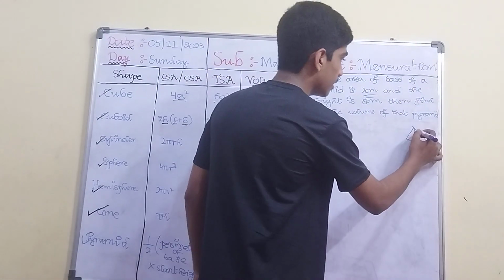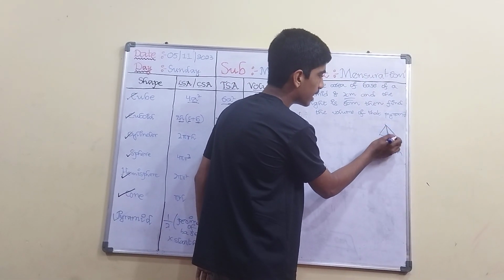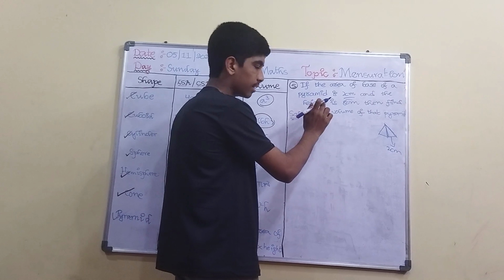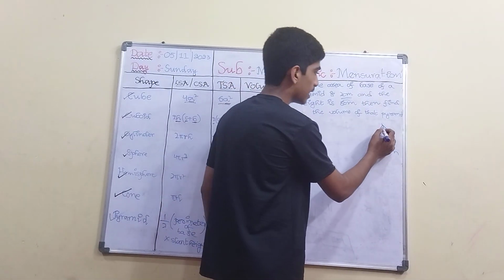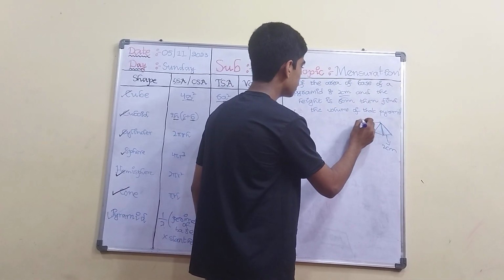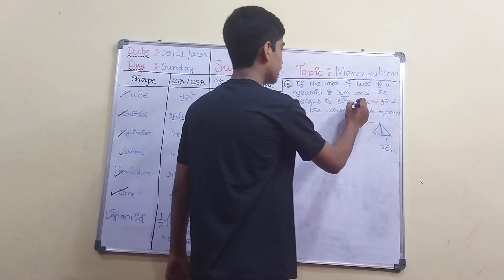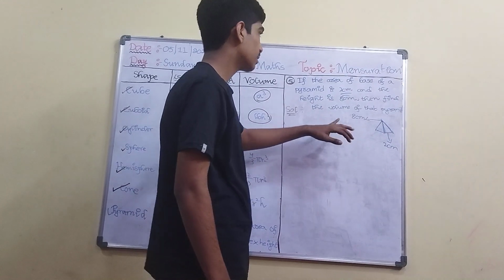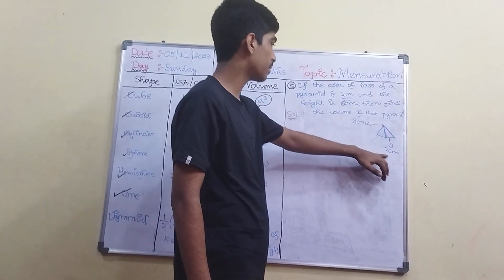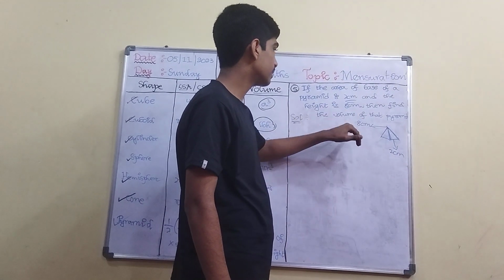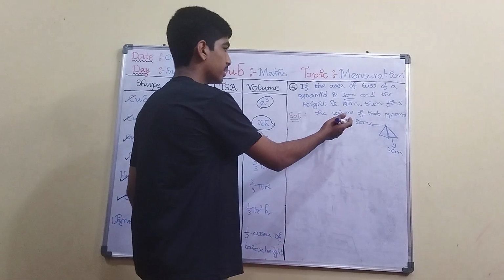This is the height, and this is the slant height. In the question the height is given, not the slant height. So this is 8 centimeters. Then find the volume of that pyramid. The given condition is that the base of the pyramid is 2 centimeters and the height is 8 centimeters. We have to find the volume of that pyramid.